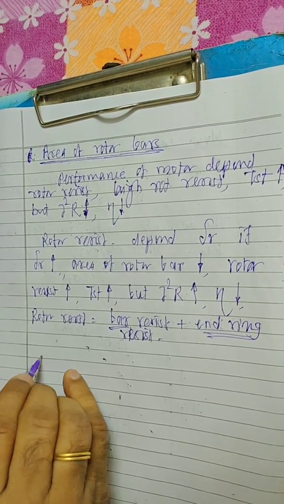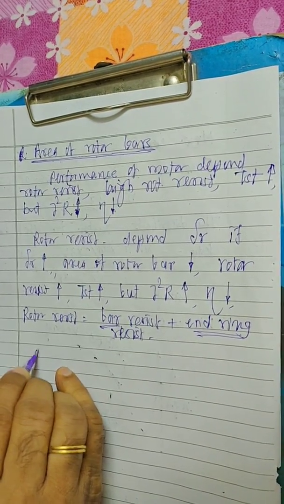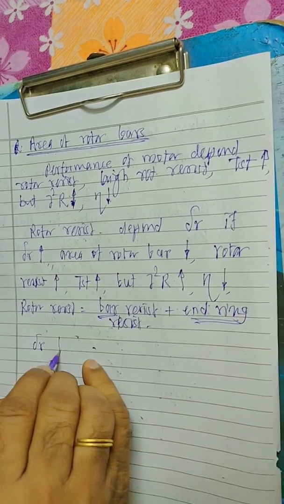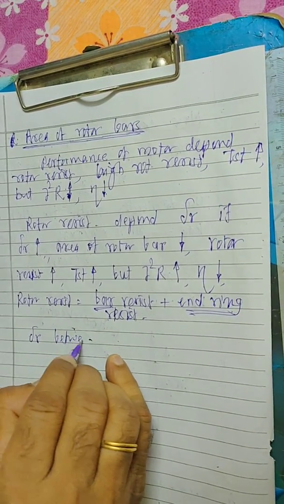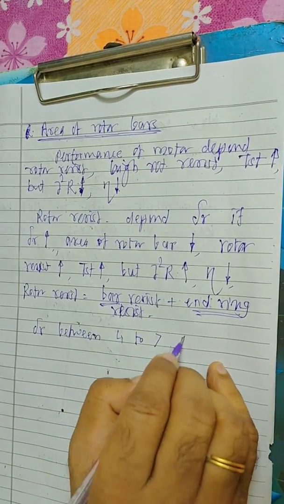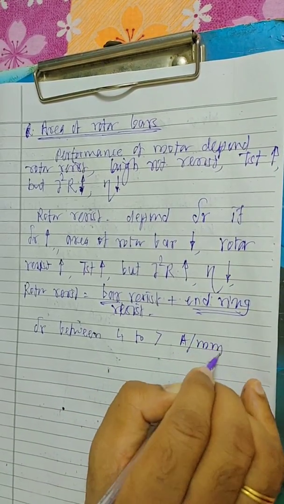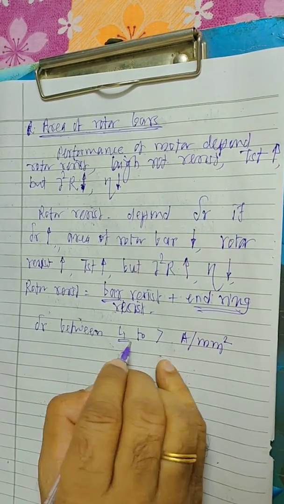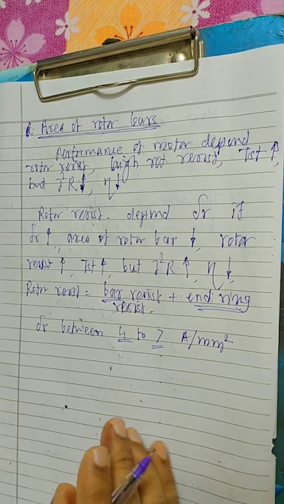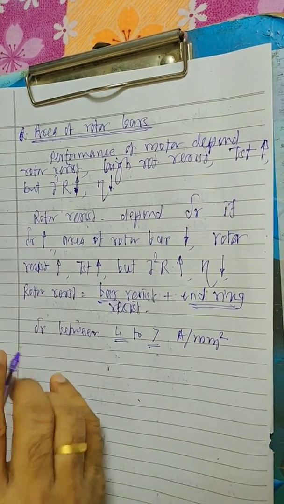Current density in the rotor bars del R is generally selected between the range 4 to 7 ampere per mm square. Any value between this you can select for the calculation.